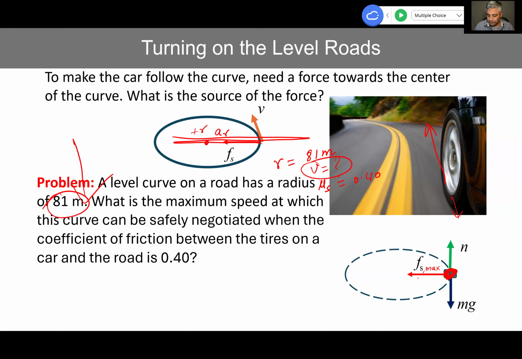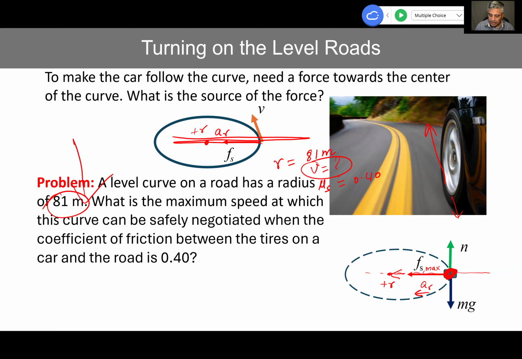So those are the forces. Now we can say the radial acceleration is in that direction. Center of circle is here, means we can choose positive R, the radial coordinate, in that direction. And we can write the equation.